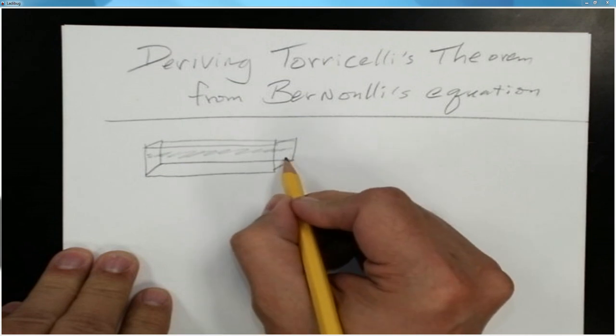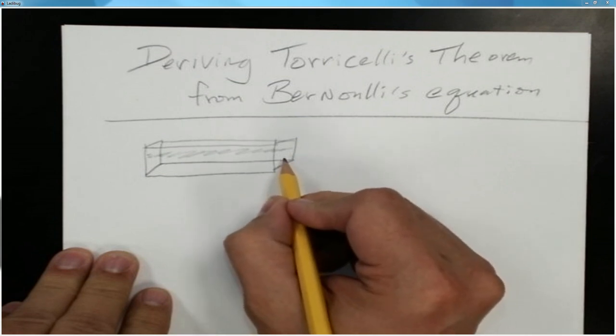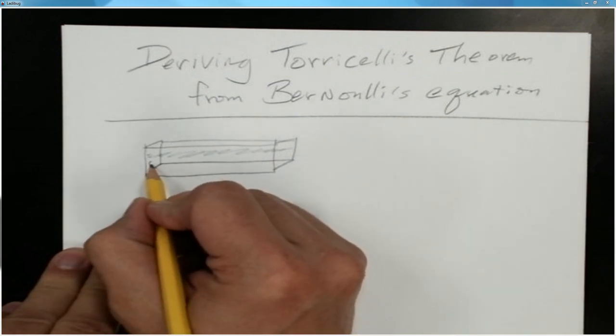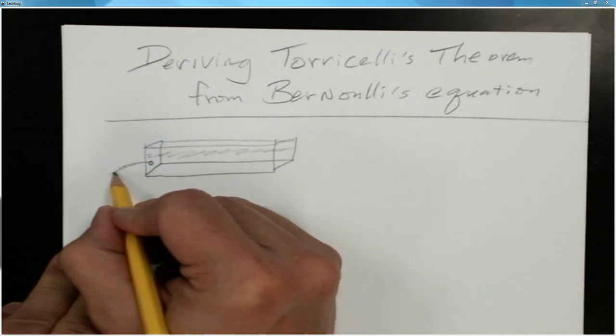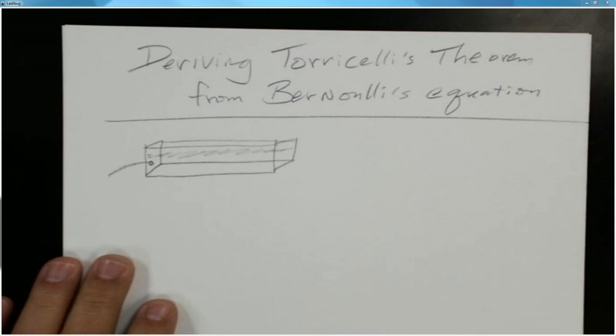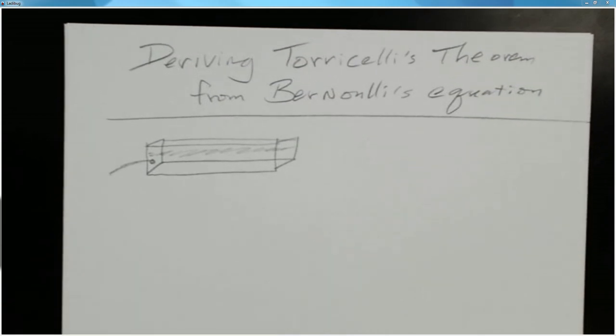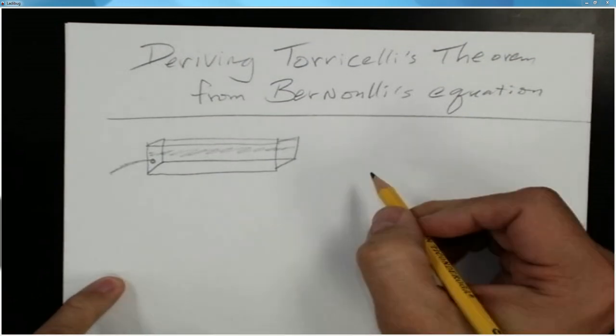And also there was a little hole down at the bottom of the trough like this, so that water was pouring out of the trough onto the ground. That's the situation we want to look at. We are going to be applying Bernoulli's equation to this situation.